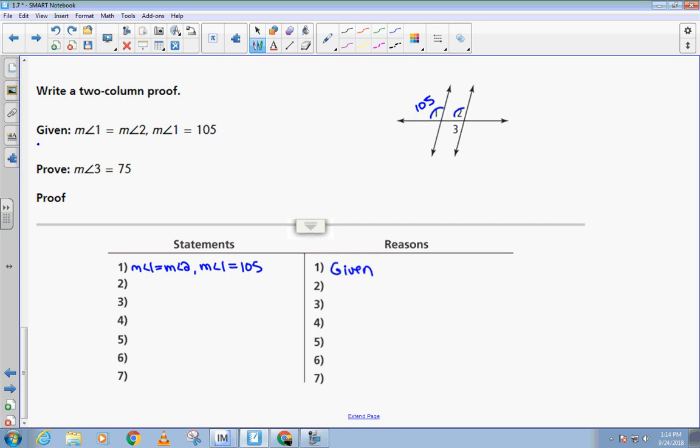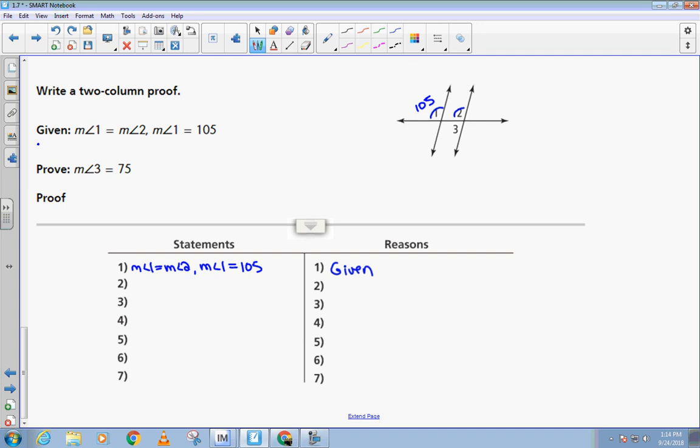Okay, so I'm given that information. I somehow have to make a connection with 3. Does 3 have a relationship with anything? Well, 1 and 2 are not a linear pair. 1 and 2 are congruent. 2 and 3 are a linear pair, right?